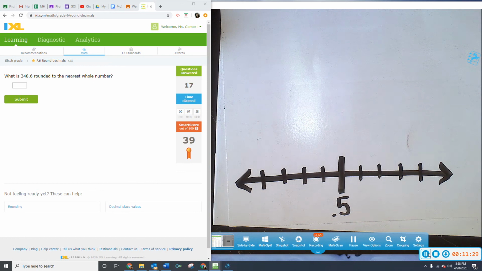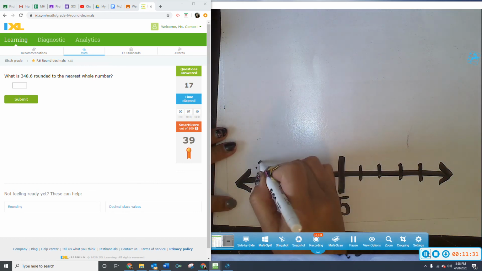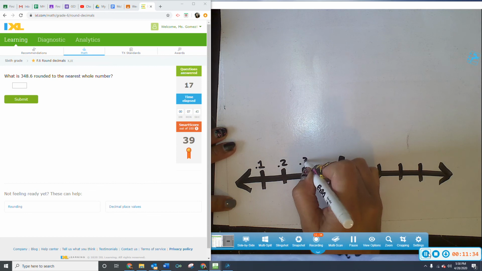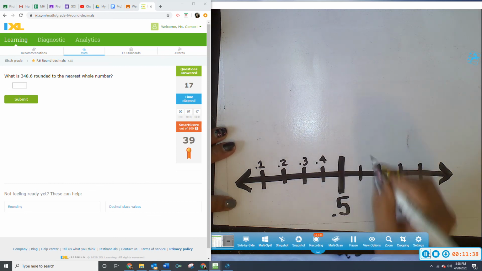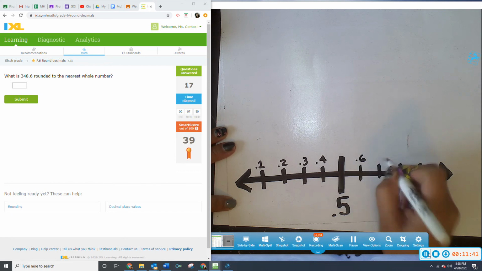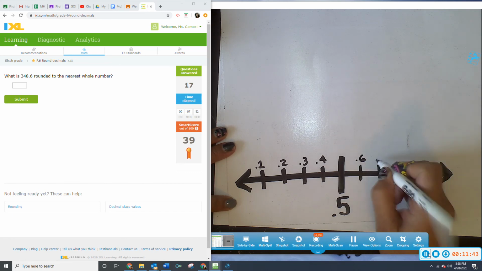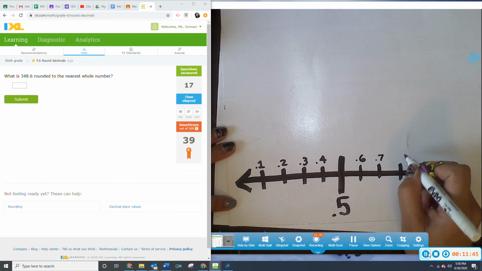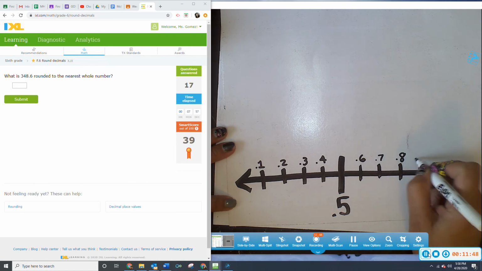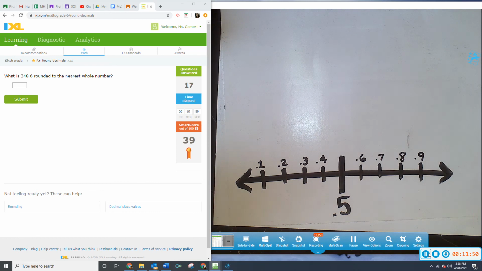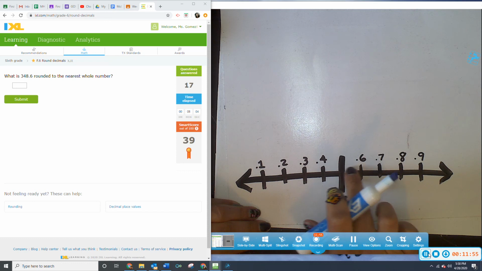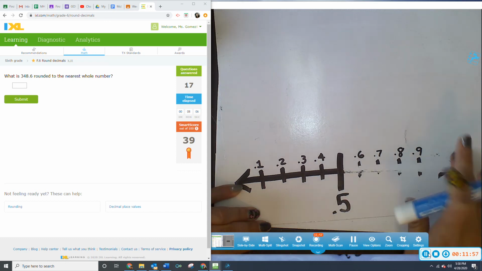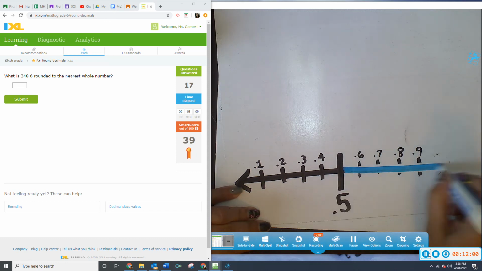All right. Now, I want you to think of this. I'm going to leave a blank in front of here because it honestly doesn't matter what the whole number is in front of it because we're rounding it to that whole number. Now, if you have a decimal that is over on this side, then you are going to round up.